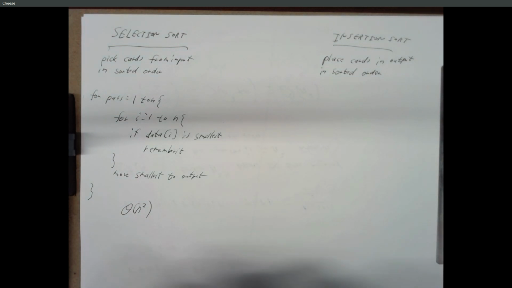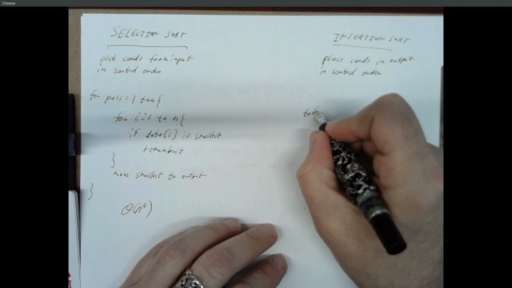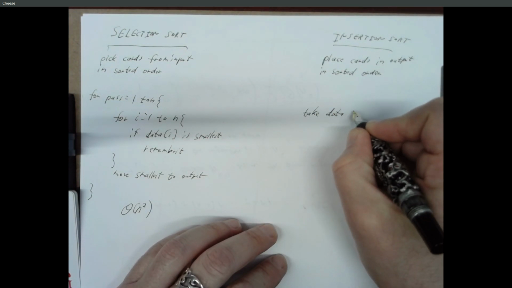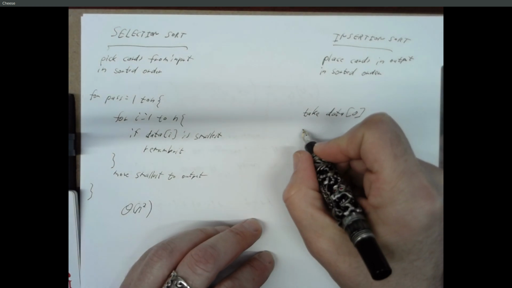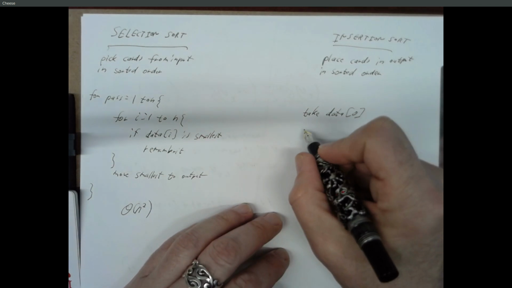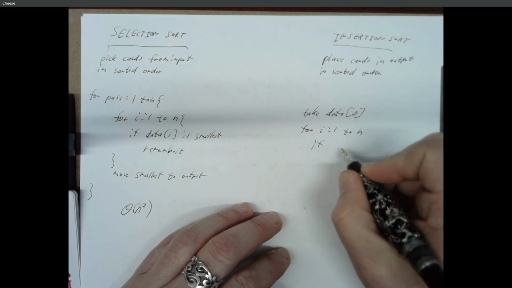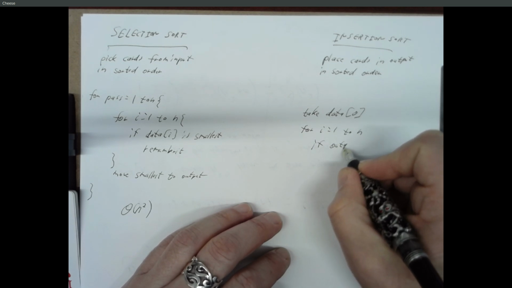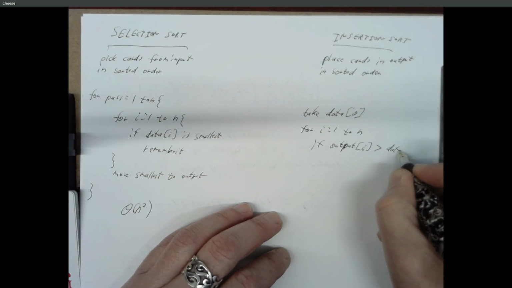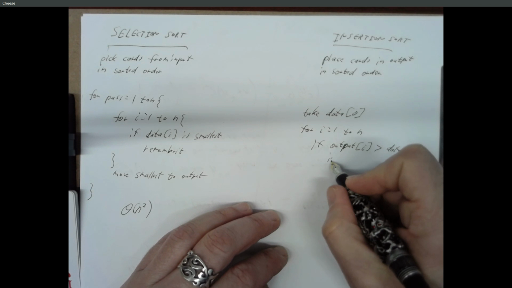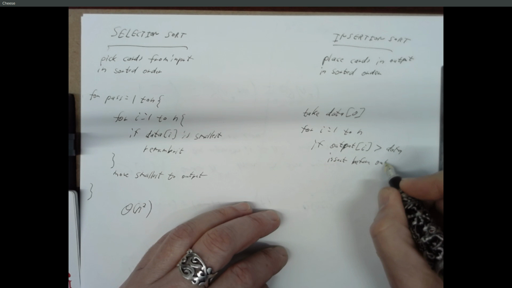Insertion sort: take the top card, the first thing in your data. And we have to place it into the output array in the correct order. So for i equals 1 to n, if output[i] is bigger than data, insert before output[i].